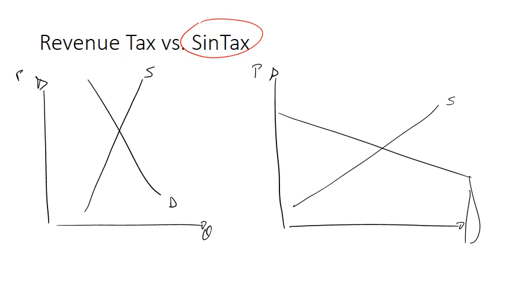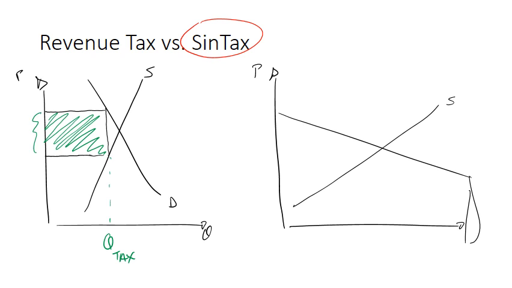So on this graph here on the left, we've got a tax that we're going to put into place. I'm going to draw in a wedge. When we draw in that wedge, we're immediately able to trace out what we know will be the revenue, because of course the quantity that we actually transact after the tax multiplied by the tax per unit is going to give us the dollar amount generated for the government.